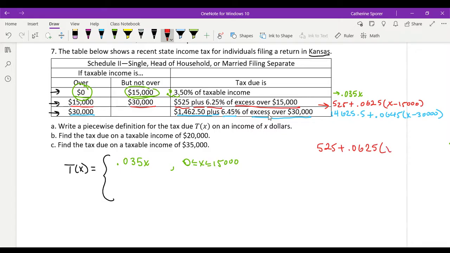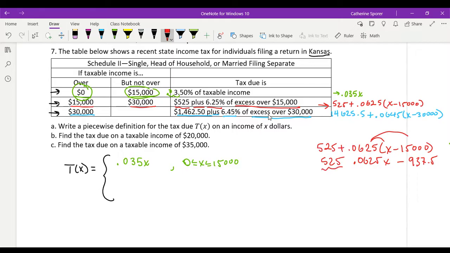But this equation is not fully simplified, so before we write this equation in the second line of the tax function, let's simplify and combine like terms. So we would distribute 0.0625 into those parentheses. That would be 0.0625x minus 937.5, and then add 525 to that.